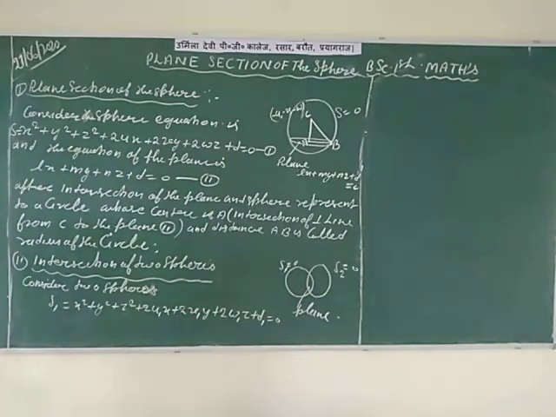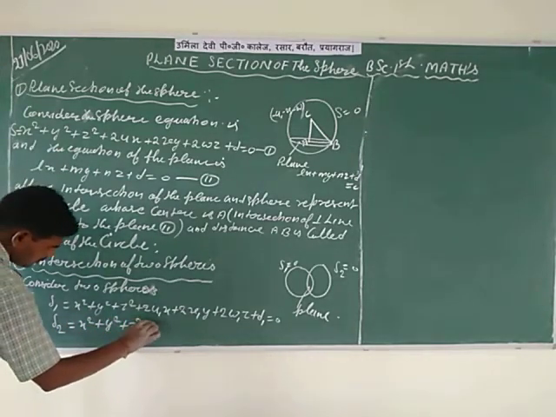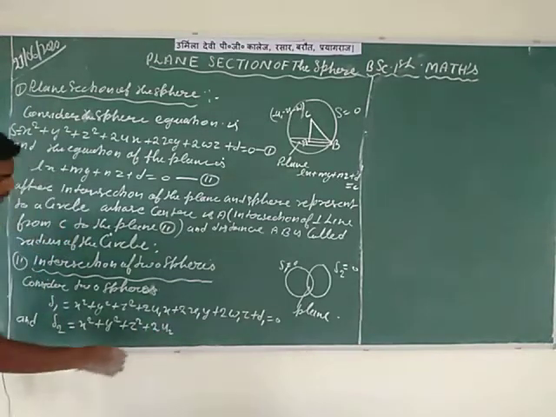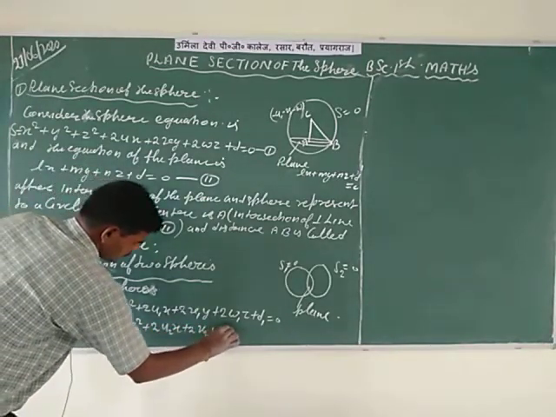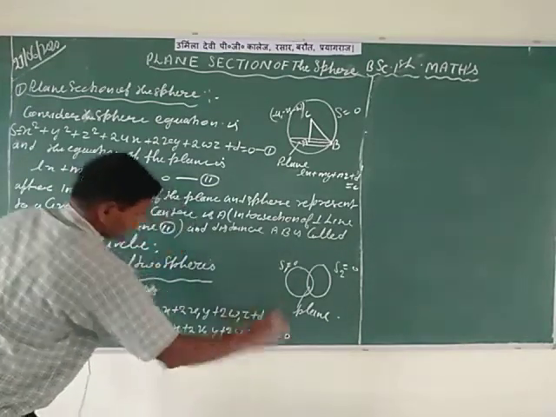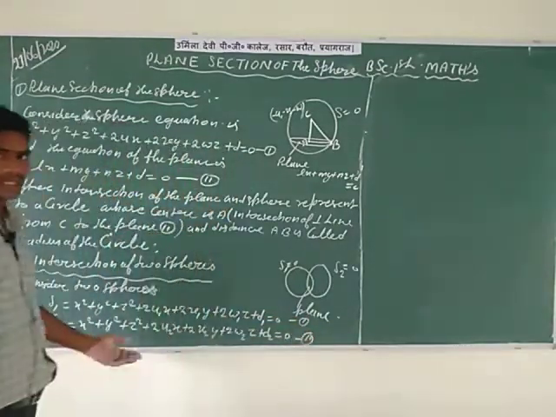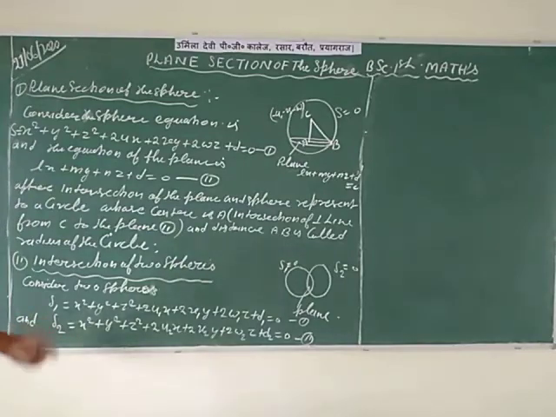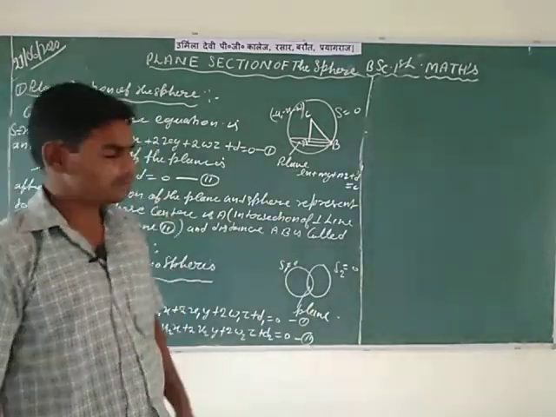And the same as the second sphere is denoted by S2. So x square plus y square plus z square plus 2u2x plus 2v2y plus 2w2z plus d2 is equal to 0 is represented by the first equation and second equation. Here consider the two spheres, first denoted by S1 is equal to 0 and second S2 is equal to 0.